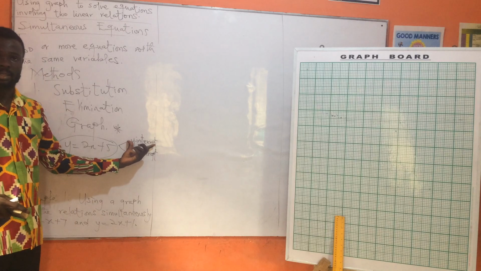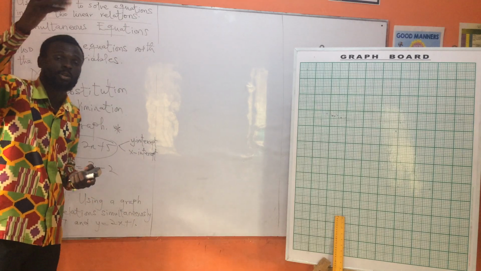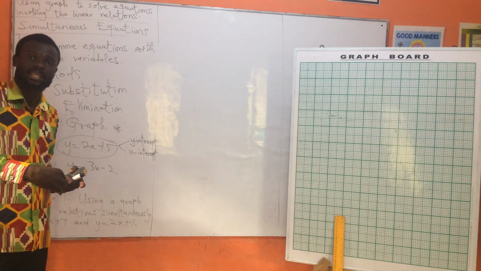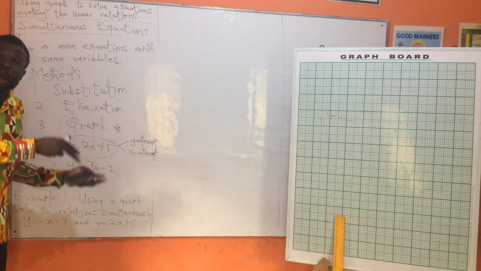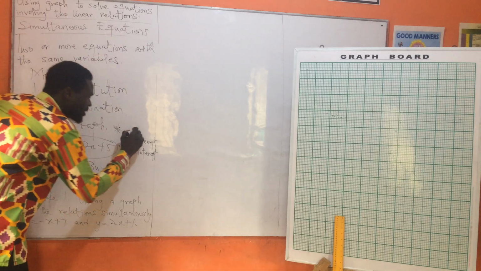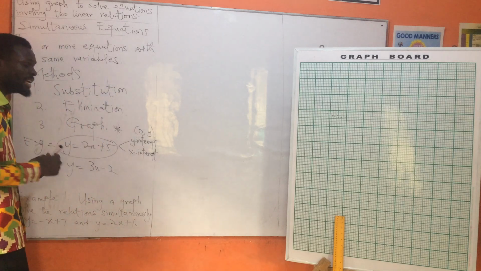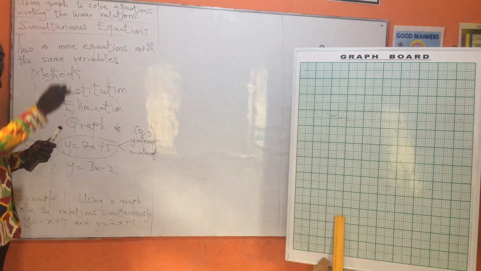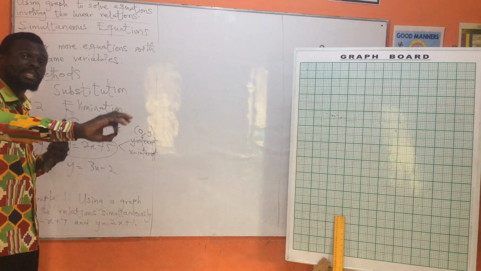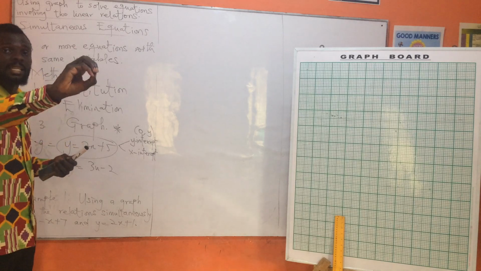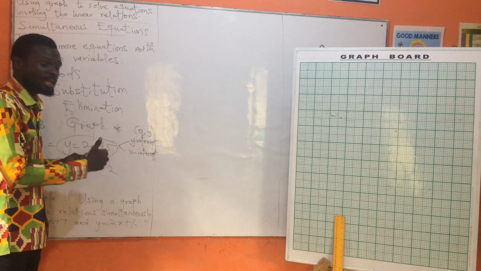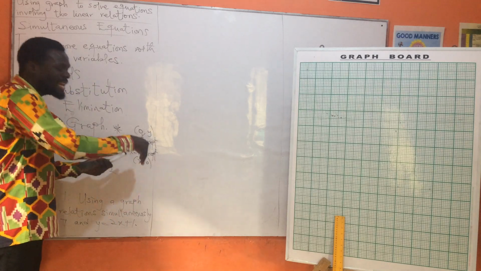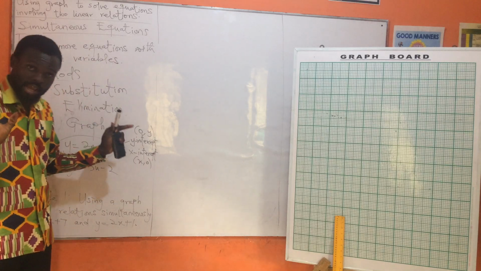The y-intercept is where the line cuts across the y-axis. The moment the line cuts the y-axis, x is 0, so the y-intercept gives me the point (0, y). The same thing with the x-intercept: I want to know where the line cuts across the x-axis, and there y is 0, so it gives the point (x, 0).